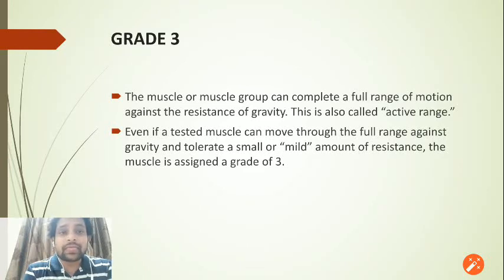Or even if a tested muscle can move through the full range against gravity and tolerate a small, but in very rare cases, amount of resistance, the muscle is assigned a grade of 3.